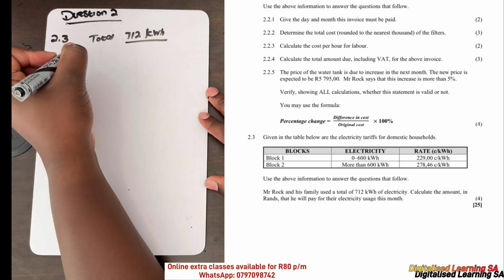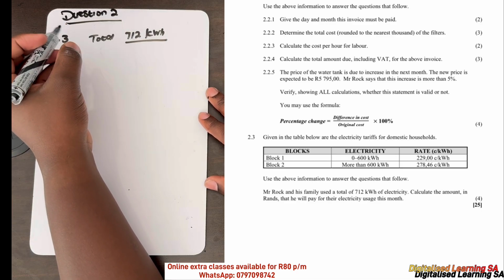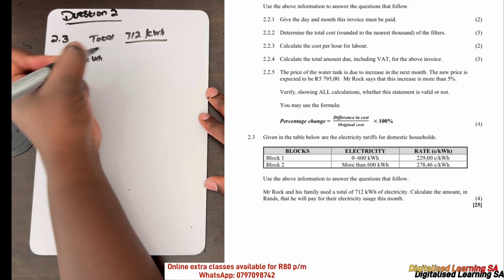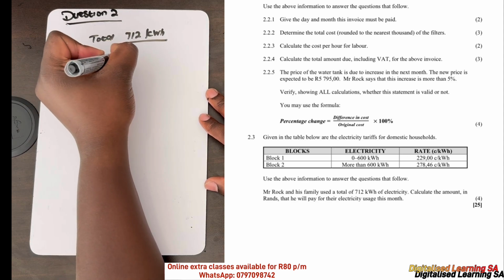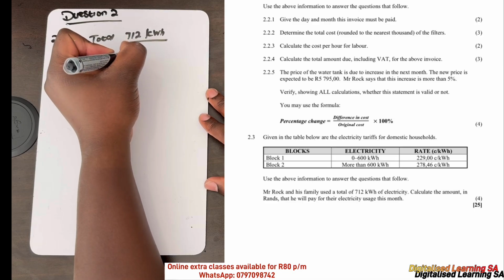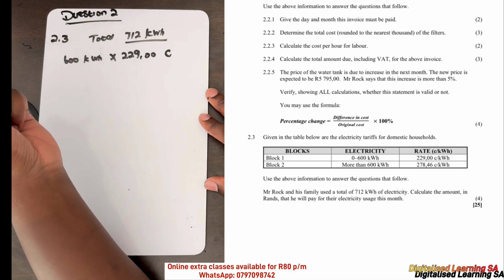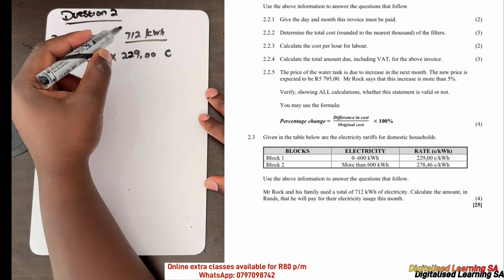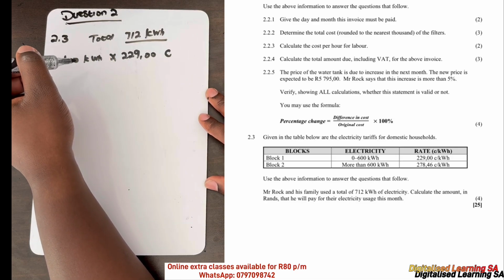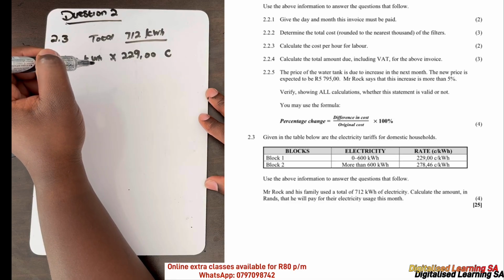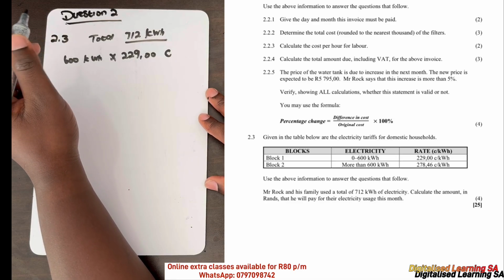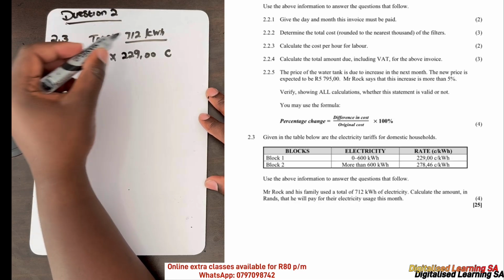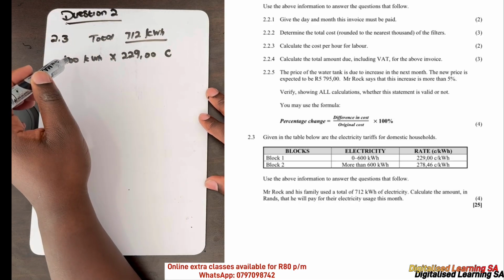So 600 kilowatts costs 229.00 cents. And then remember, in total they used 712. So for more than 600 it costs 278.46.